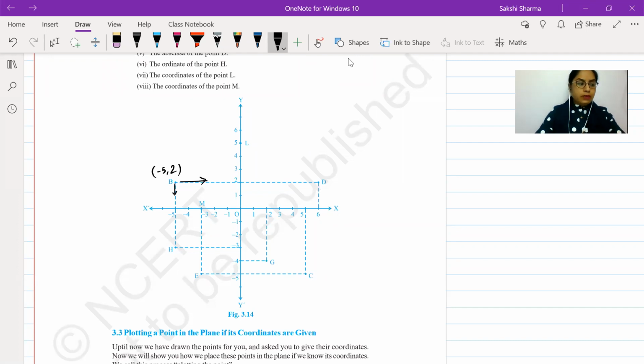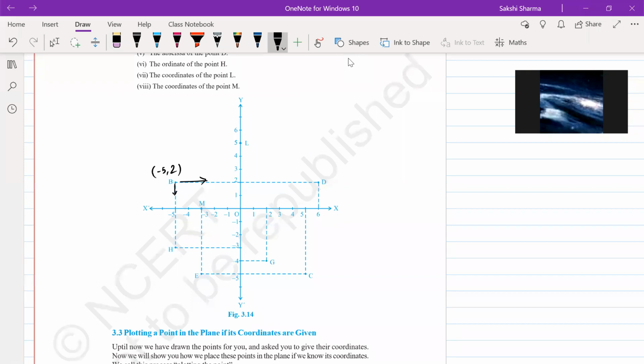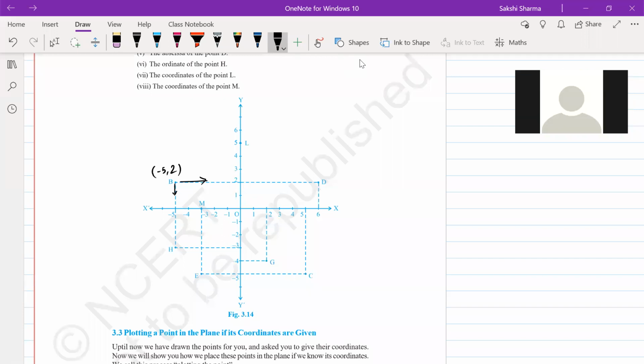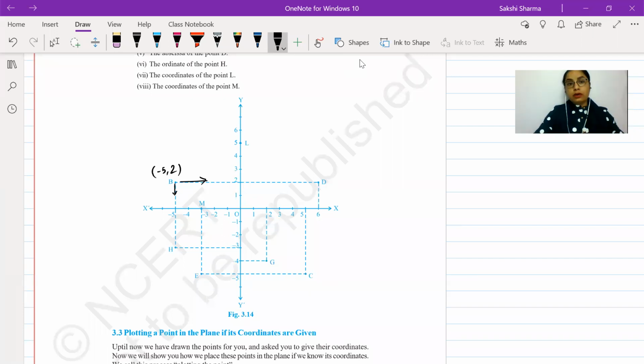If you are aware of how an Excel sheet is used, you identify a cell with the help of a row and a column. Exactly like that, you have to identify the position of a point with respect to the column and the row in which that point is. Right now it is vertically in the column -5 and the row in which it is lying is 2, y equals 2. These two will form the coordinates of the point.